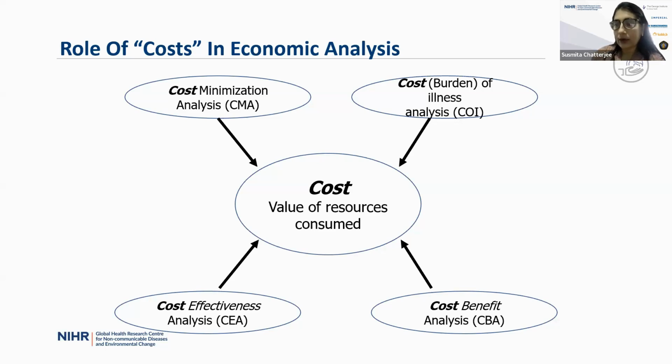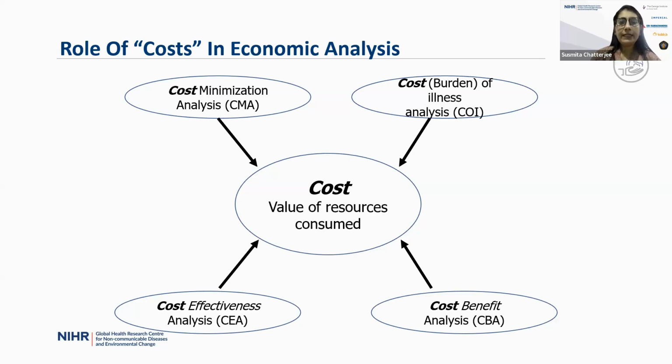So basically in cost benefit analysis, my cost is in monetary term. Cost is always in monetary term. Benefit is also in monetary term. So that's the basic difference between cost effectiveness and cost benefit analysis. I'm glad to see that some of you remembered this difference.